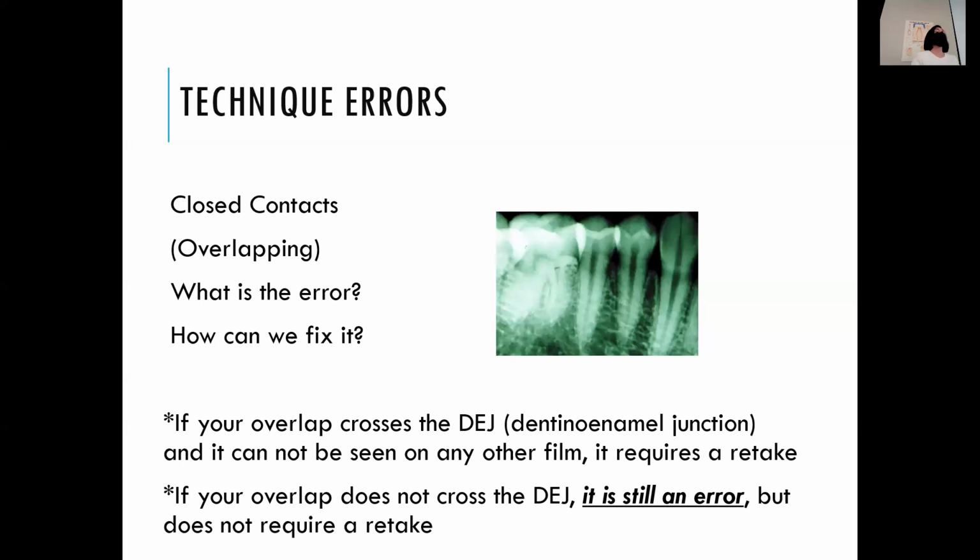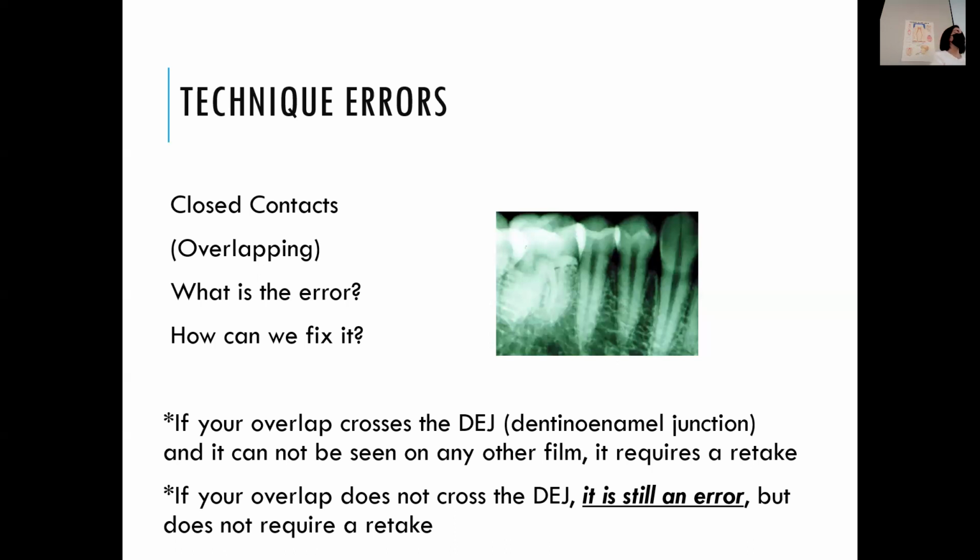So that is your criteria, not if it crosses over the DEJ, but if it goes into the enamel more than 1/3. We used to have it be just within the enamel, and then we reduced it to halfway, and then a couple years back, they reduced it to 1/3. So now if you have a film and nowhere has the overlap been less than 1/3 of the way into the enamel, then very likely they're going to want you to retake that film.